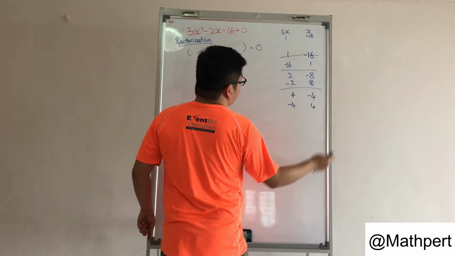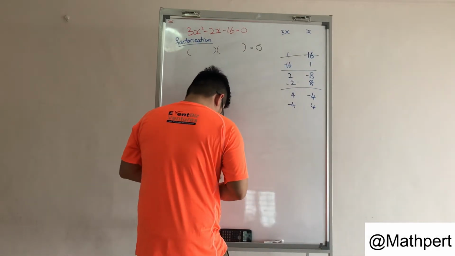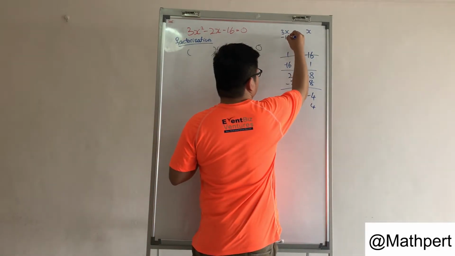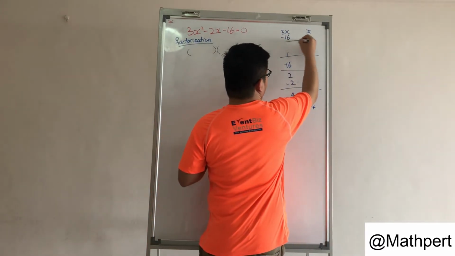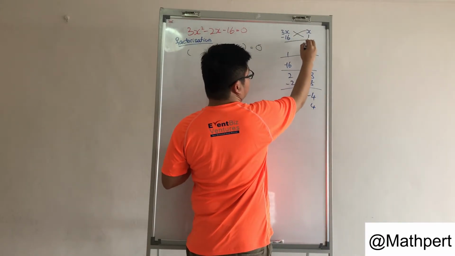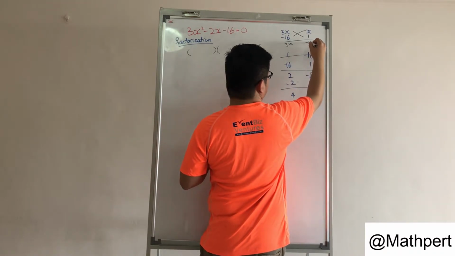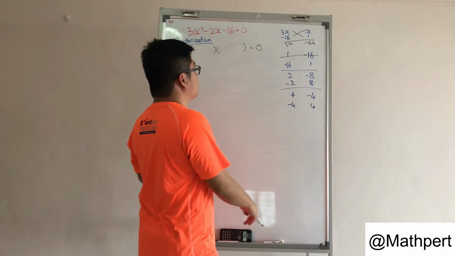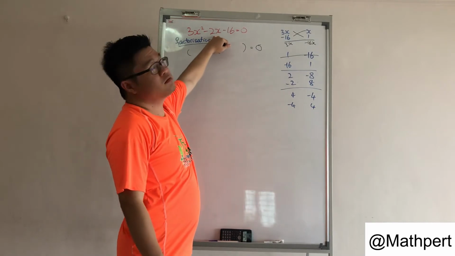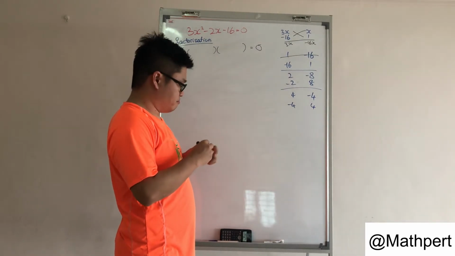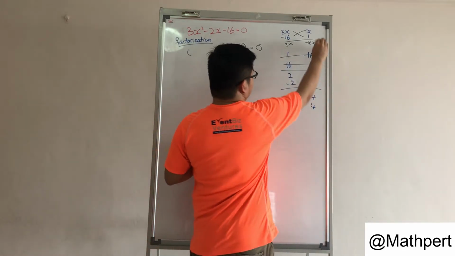Cross multiply: 3x multiply negative 16 gives negative 48x, and 1 multiply x is x. So 3x minus negative 16x is equal to negative 13x. But we need negative 2. So this also cannot.